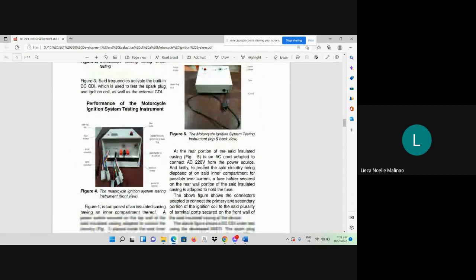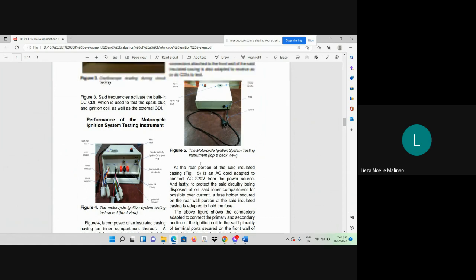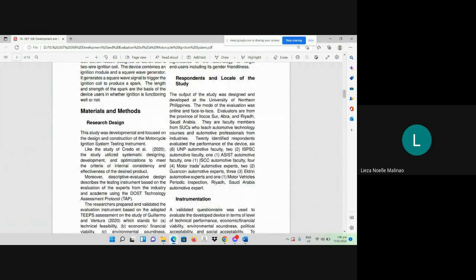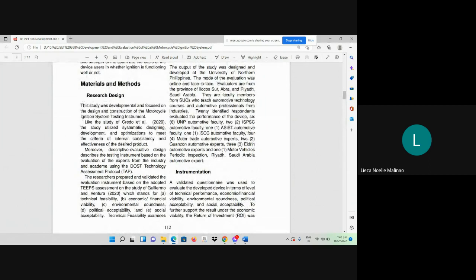And then, after that, what these authors did is they requested several experts to evaluate this innovation or this technology that they developed. So they got experts, in this part of the methodology, the materials and methods.